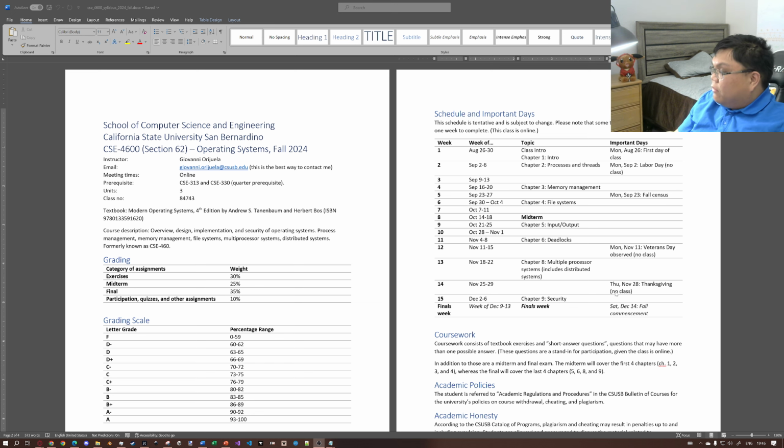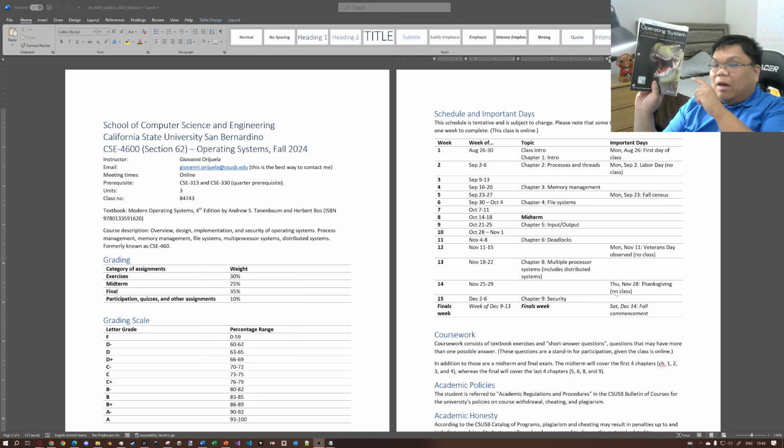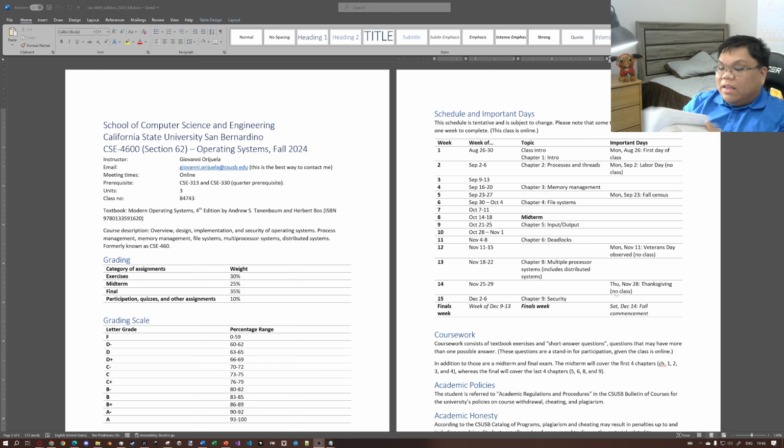So, what is this book? It's also an operating systems book. It's a lot of the same concepts, but presented in a different way and updated for Windows 10. This one's a bit of an older book, but this is the book that I had when I took operating systems, nearly 10 years ago actually.